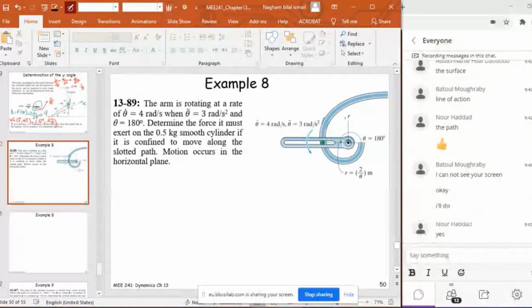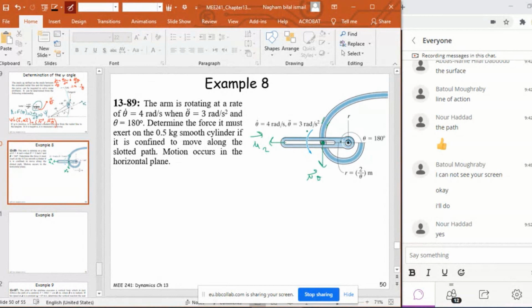So I'm going to repeat. I have a cylinder that is moving inside this curve, the slot. And I have an arm at this angle, which has the same direction as UR. So this is UR, and this is U theta. Why am I putting this U theta in this direction?